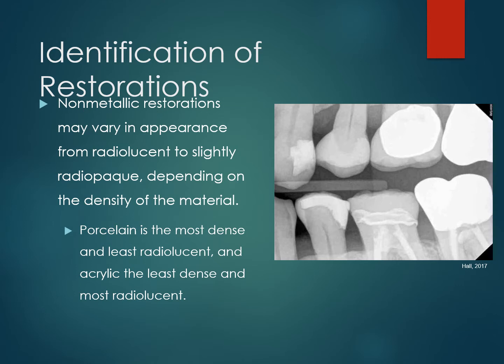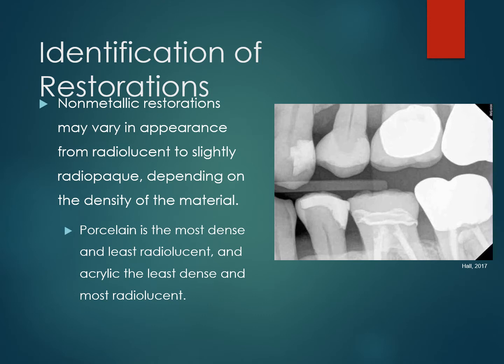So they vary in their density, right? Some of them are very dense, and some of them are not as dense. And so some of them will come in very radiopaque, pretty close to metal, but then some of them will come in pretty radiolucent, and they'll look almost darker than the tooth. And it just depends on the type of material you're using.